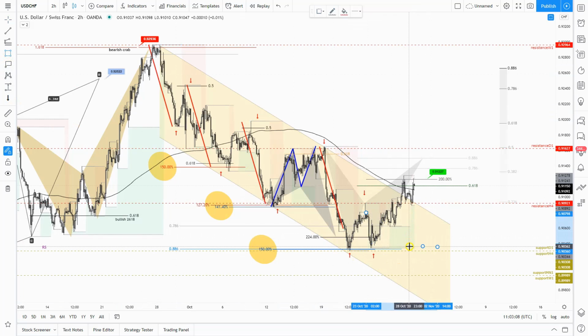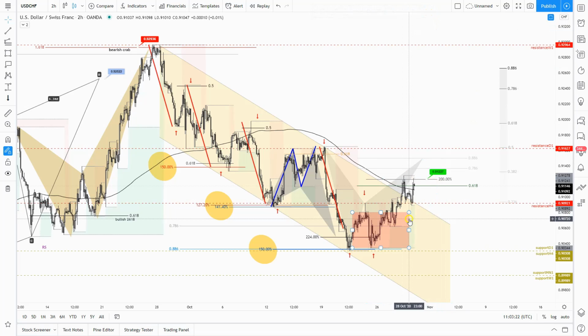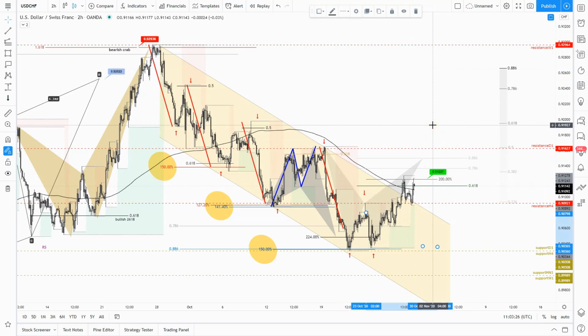So this is nothing more than a projection of this structure above. Okay, we have our double bottom trading again the 200% Fibonacci extension level and just a few points above, so it requires a new high, at least.